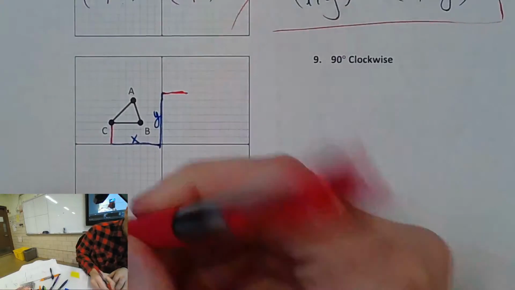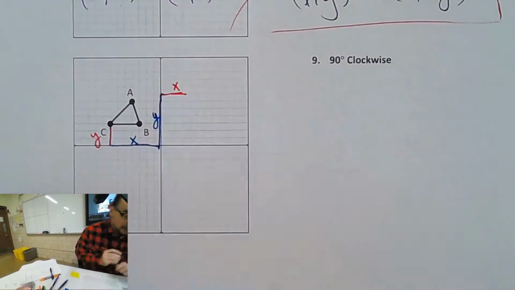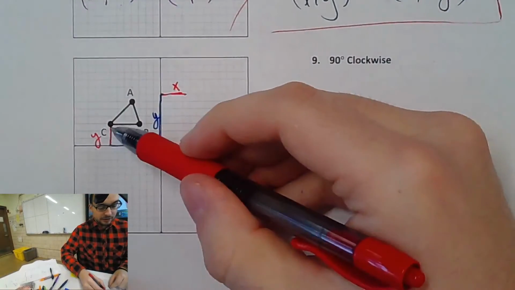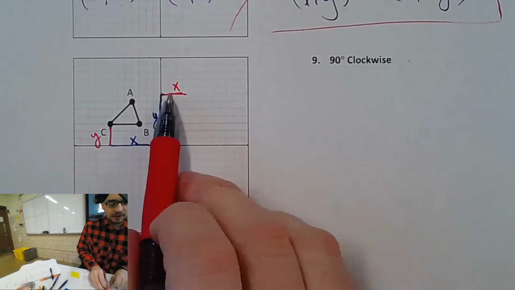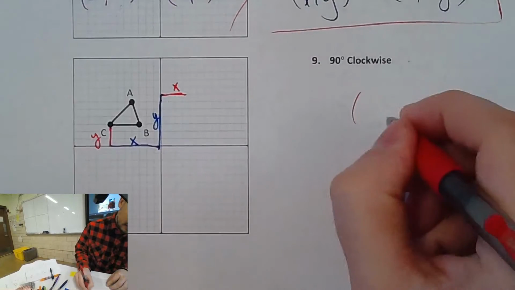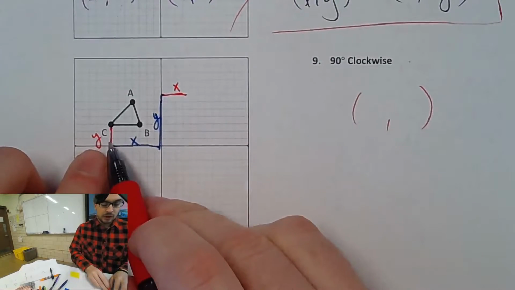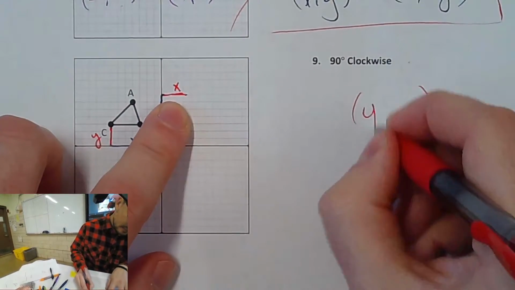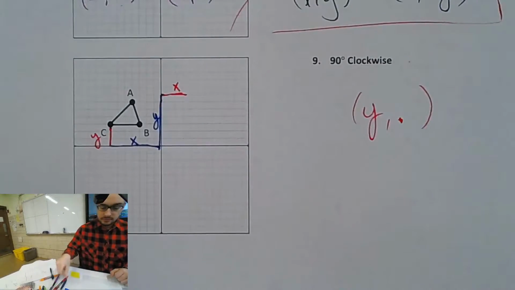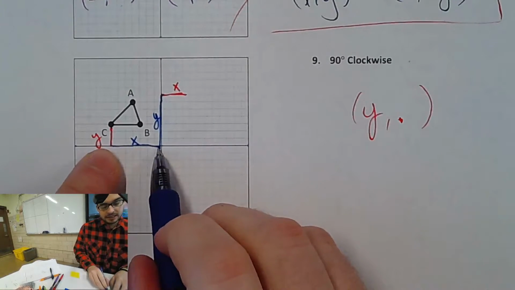And what once was our y value has now become our x value. Well, y here was 3, positive. It's now still positive over here. So when the x and the y switch, it doesn't change anything. What once was our y value has now become an x value and kept the same sign. What once was our x value has now become a y value.